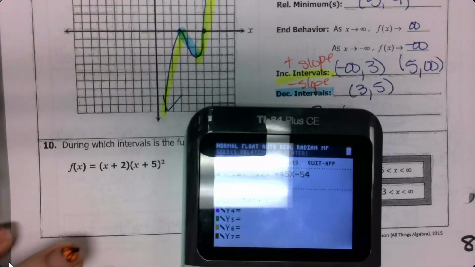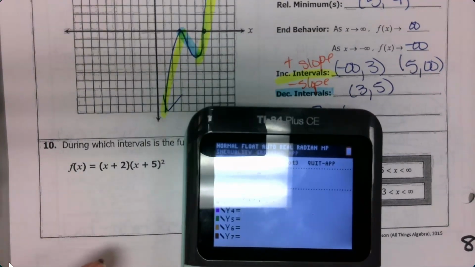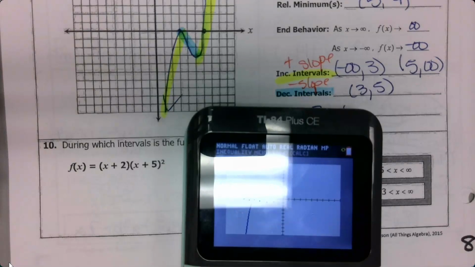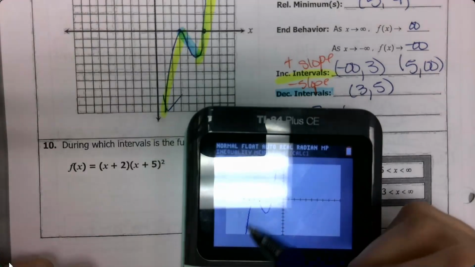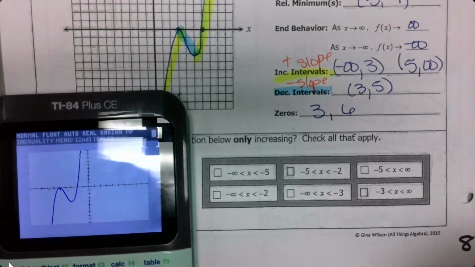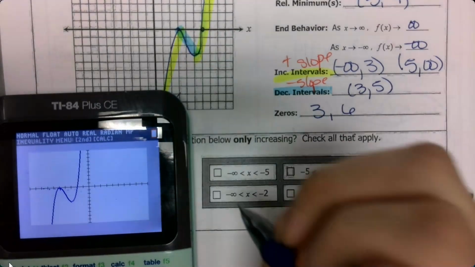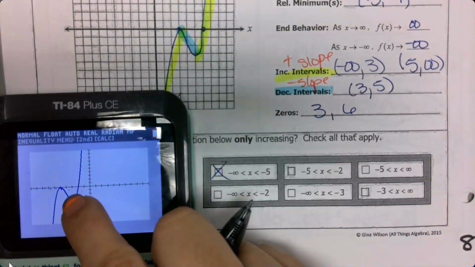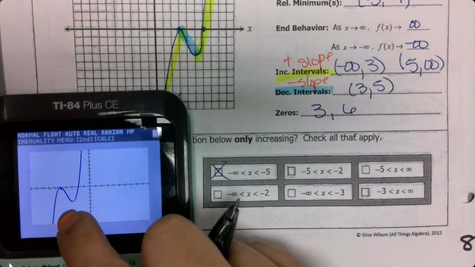I'm going to go ahead and graph this one. So it's increasing from negative infinity to negative 5. And it starts up again at negative 3 and goes on to positive infinity.